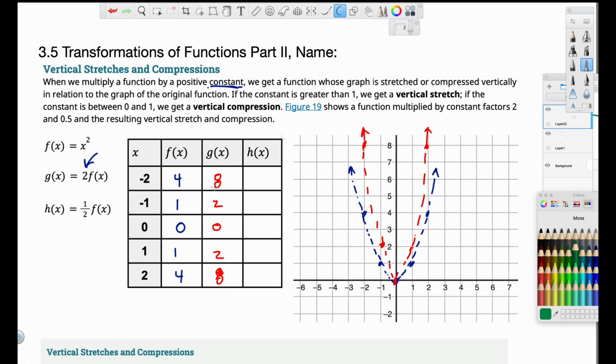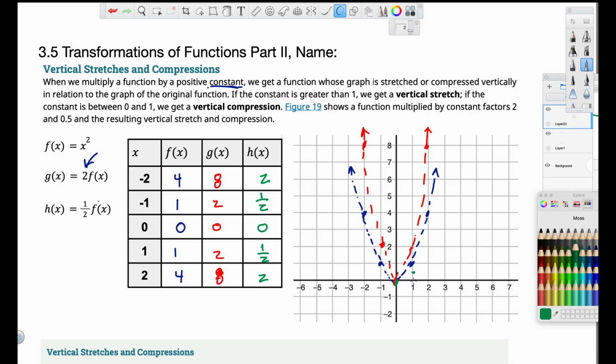Okay, so what happens when we multiply by a constant that is between 0 and 1, like 1/2? So that's just going to take all the original outputs that we had here from our f of x, and it's going to halve those outputs. So instead of 4, it's going to be 2. Instead of 1, it's going to be 1/2. 0 times 1/2 is still 0, and we got 1/2 and 2. Okay, so I got 0. I'm going over 1, 1/2.